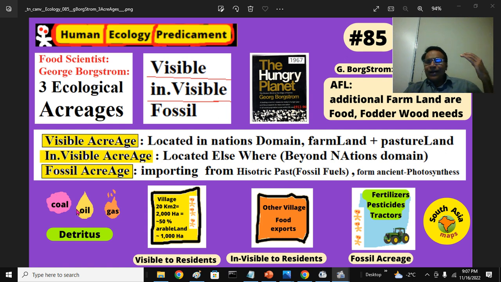They are the feedstock, the basic material from which combines, harvesters, automobiles, mechanized agriculture, pesticides, and synthetic fertilizers are produced. Synthetic fertilizer, urea, is made from gas. If we follow industrial agriculture in this village, that means a certain acreage comes from the fossil, the historical past, that you may not see, but that's what is happening.